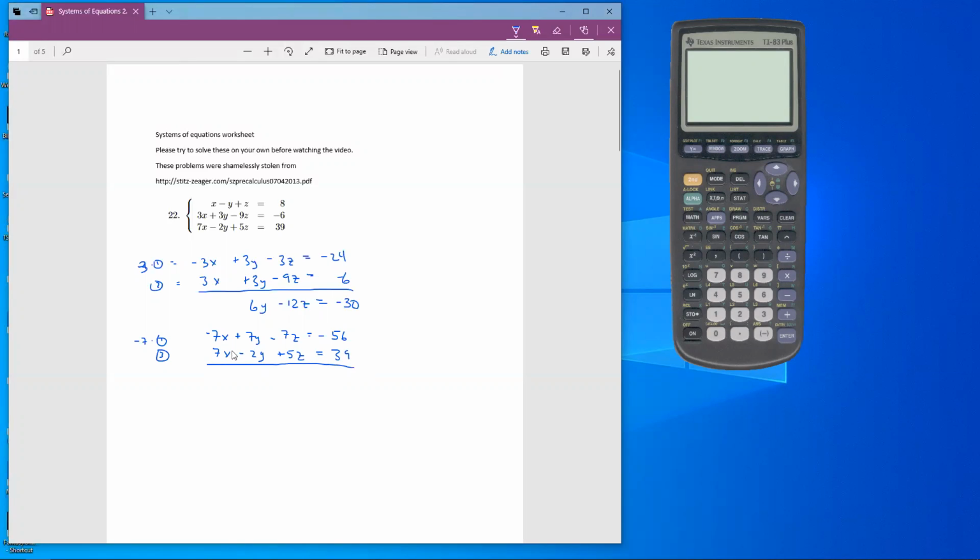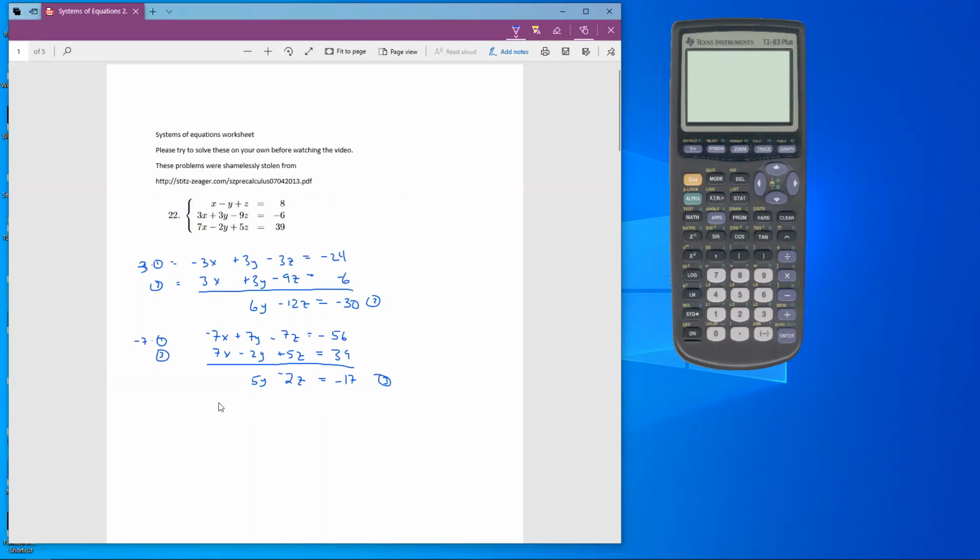And when we take care of that, again, the x's cancel. That's the important part. We have 5y minus 2z, and -56 and 39, I believe that is -17. Okay, yeah, we're okay there. Now remember, this is my new equation 2. This is my new equation 3.